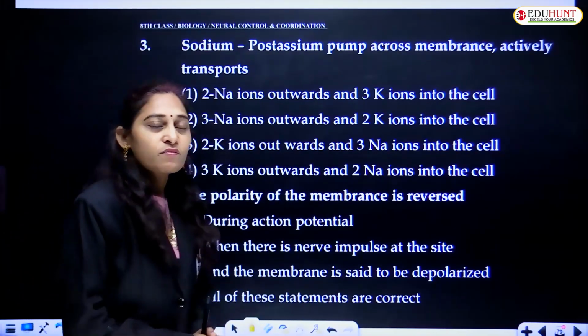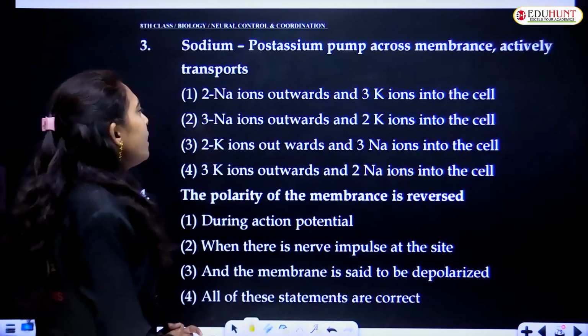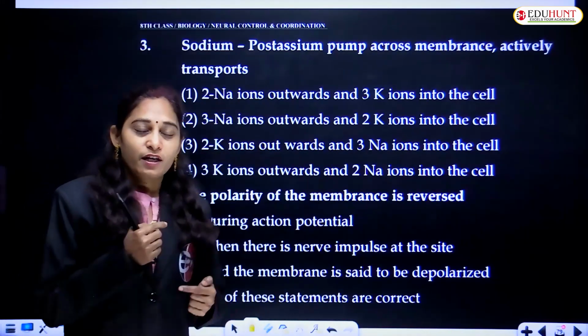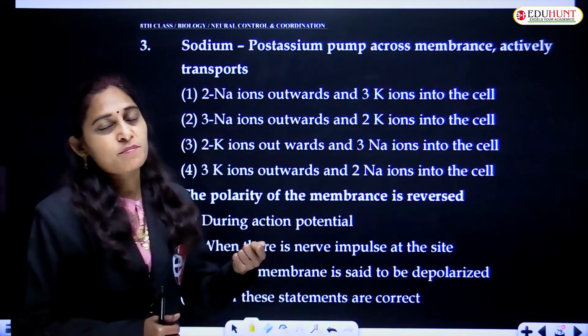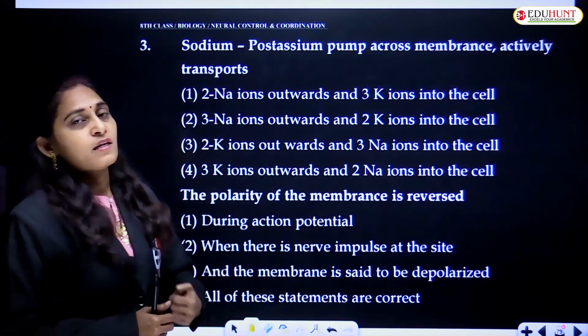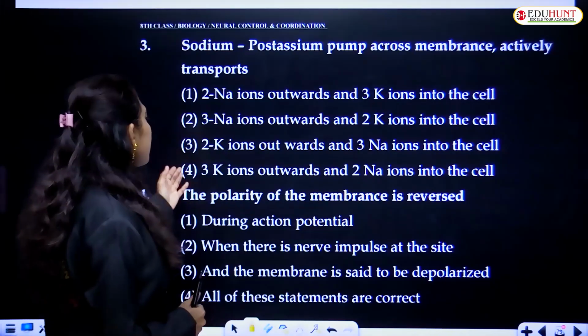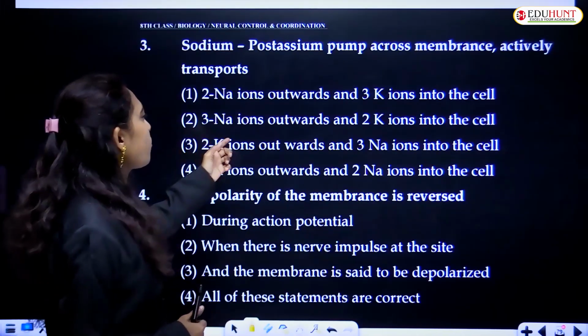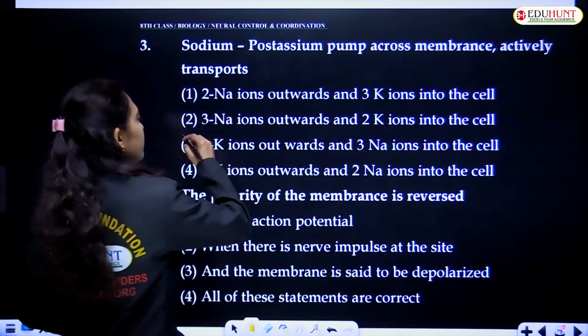In cations, we have potassium and sodium. For every 3 sodium ions moving out, 2 potassium ions come in. So 3 sodium ions move outward and 2 potassium ions get into the cell.